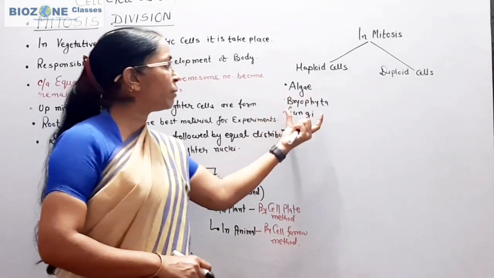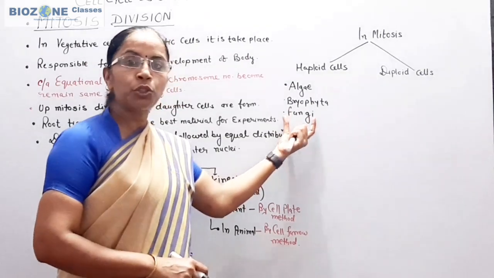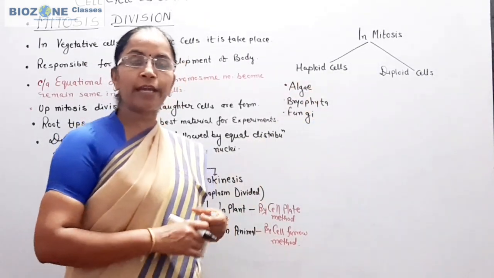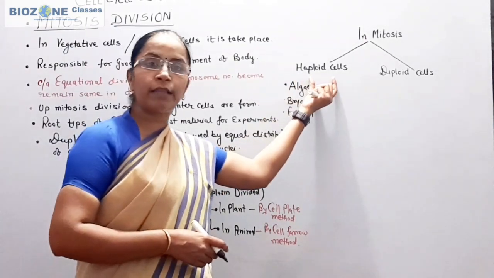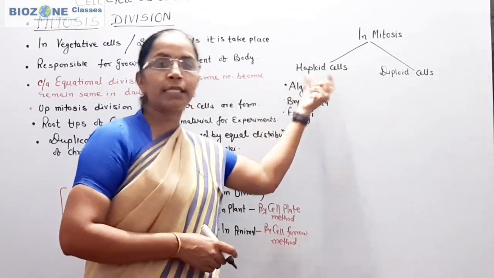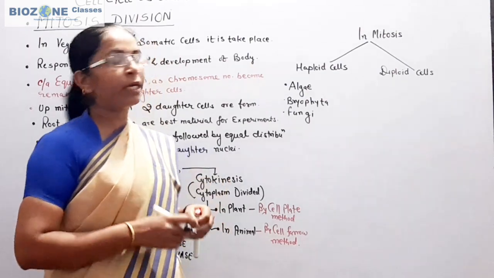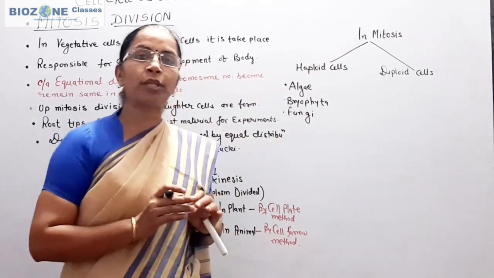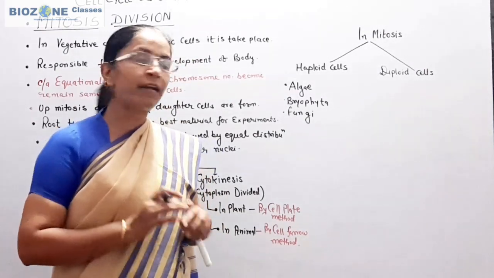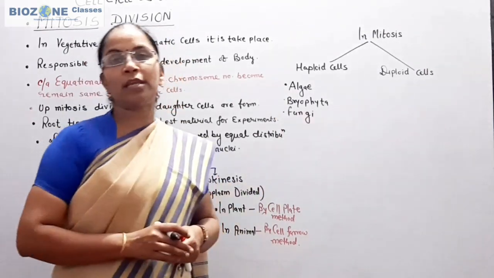So members of these three groups show the haplontic life cycle, or they show the haploid body, and when they have a haploid body, their haploid cells आप याद रखिए, undergo mitosis during growth and development, as well as when gametogenesis takes place.